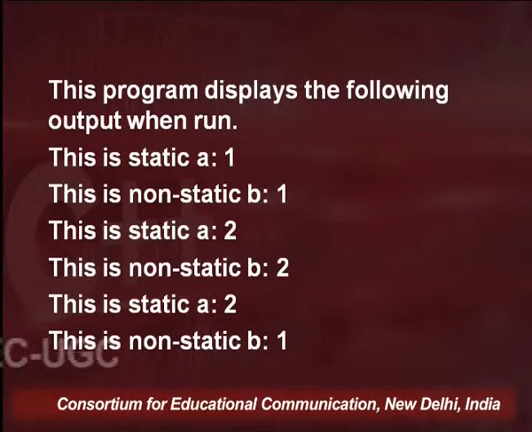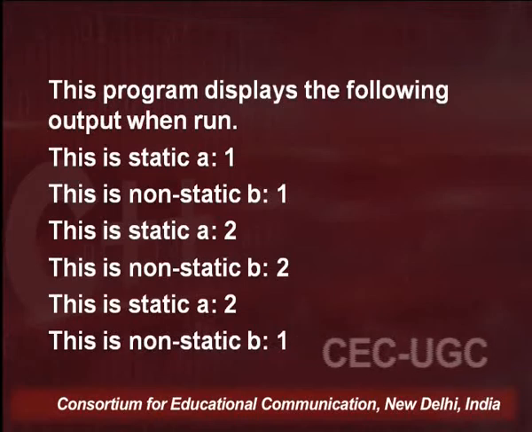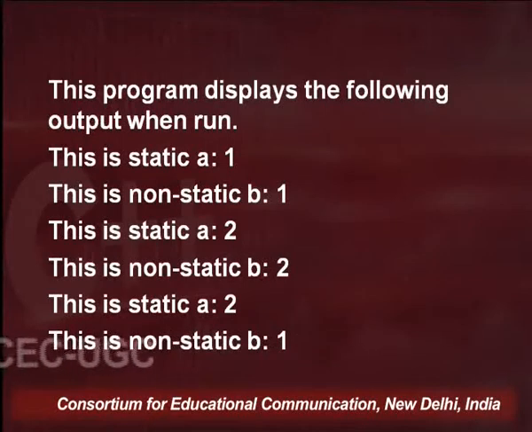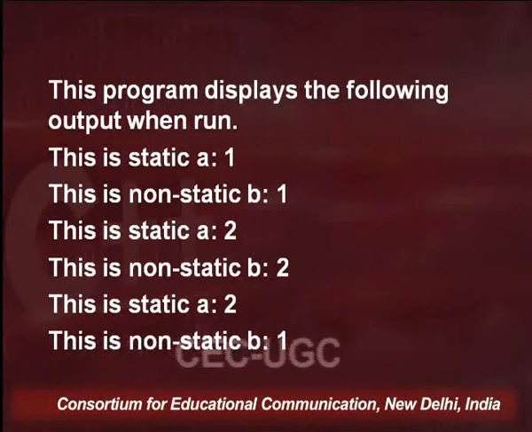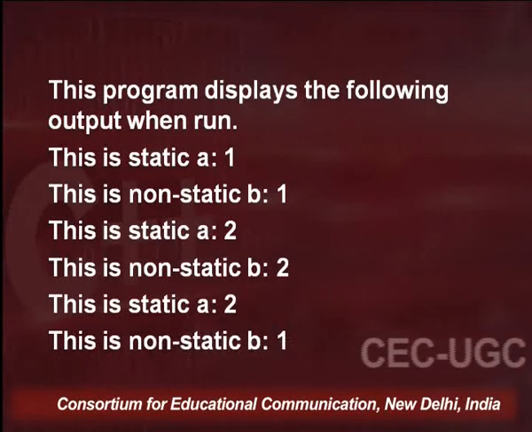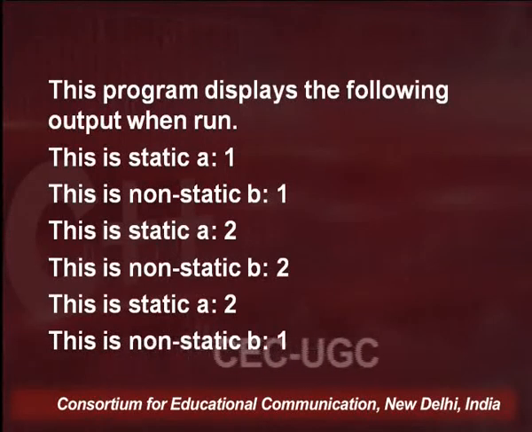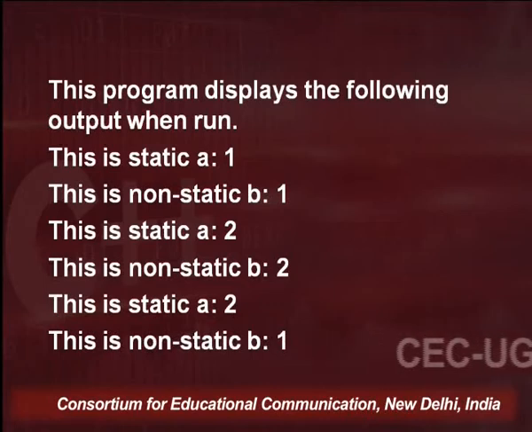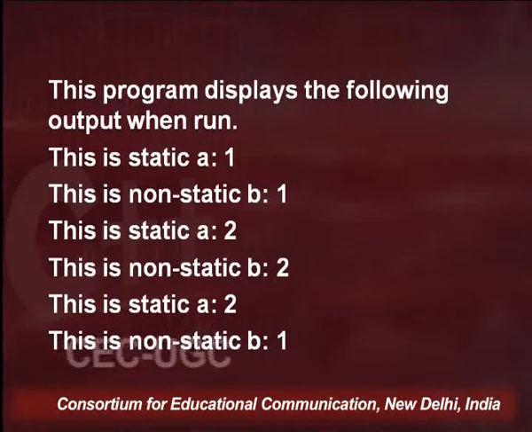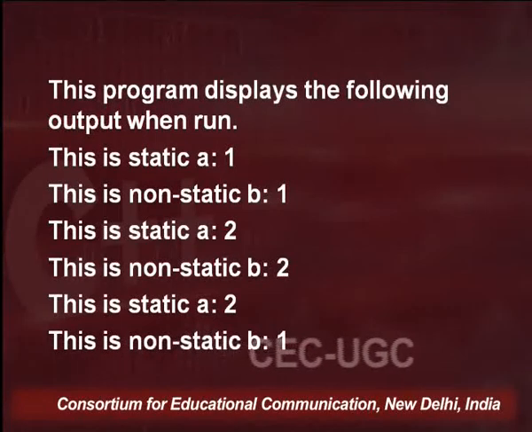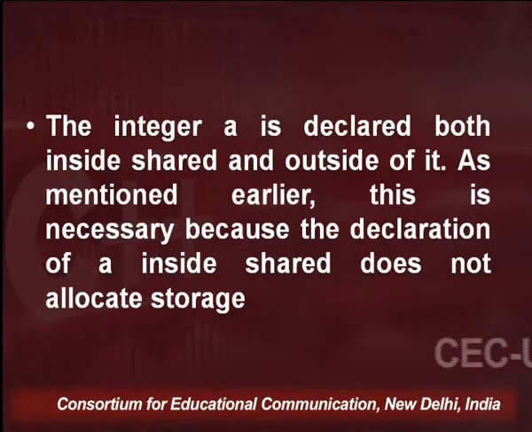So non-static b is having 1 for x, non-static b is having 2 for y, and when x dot show is called again, it is going to show the initial value of b. So the value of b is separate for both the objects, while the value of a is not separate. That means static variables are actually being shared between all the objects.